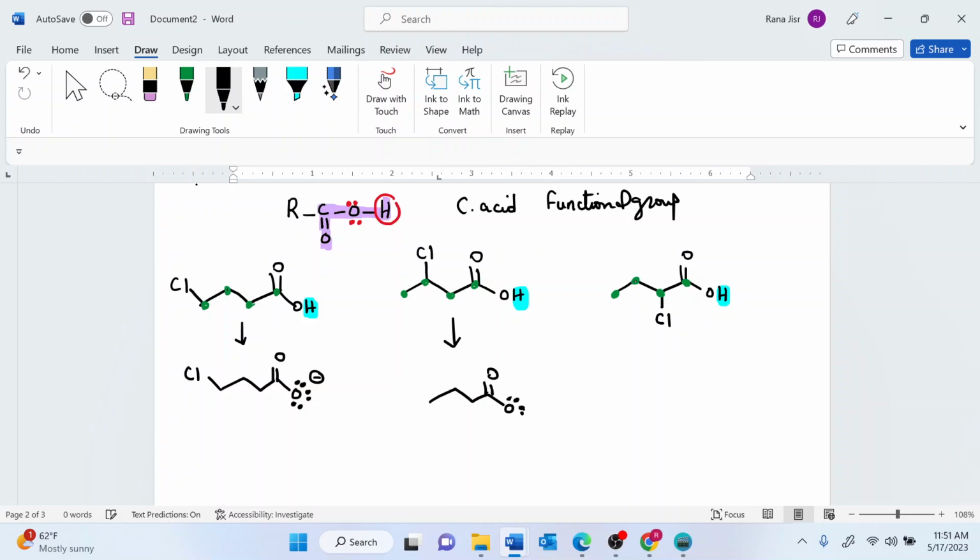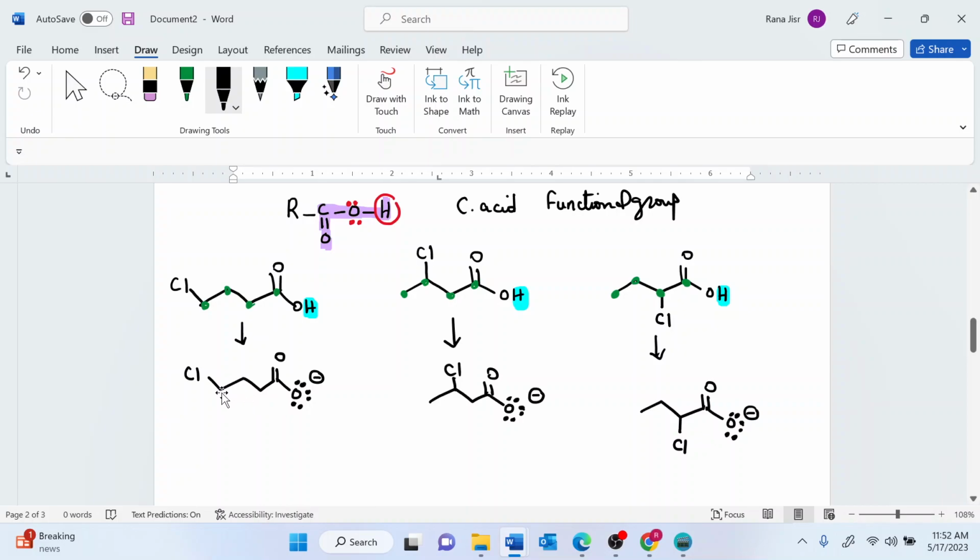Now, for these conjugate bases, we need the charge not to be localized on the oxygen, but distributed over the most surface area possible. However, how close the electronegative element is to the O negative is going to be a concern. Notice here the chlorine, how far away it is from the oxygen. If it is far away, it's not going to pull the electrons.